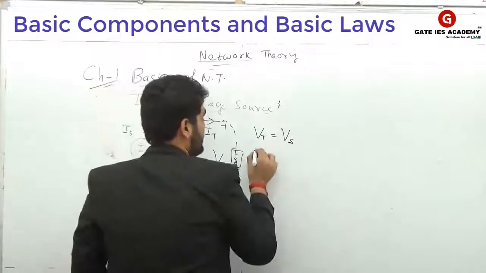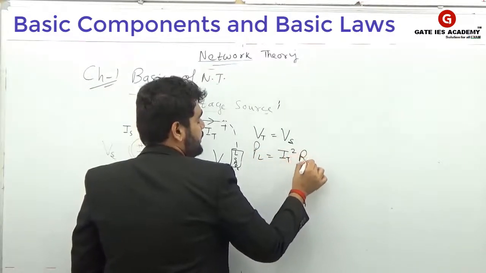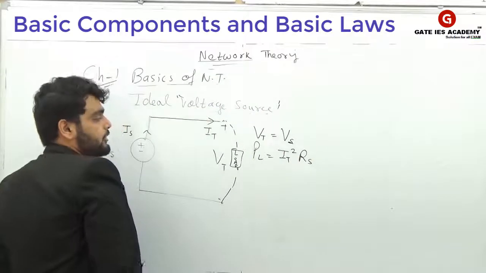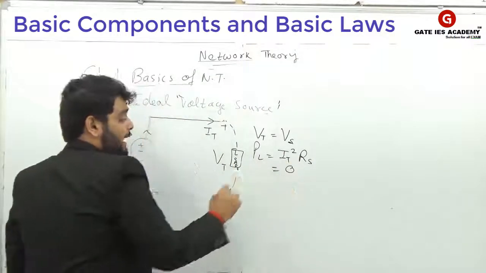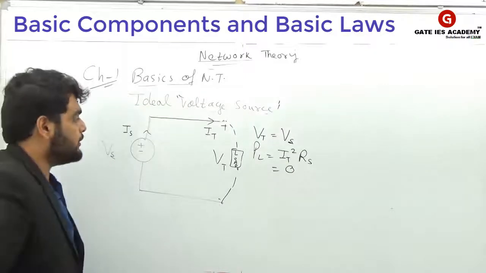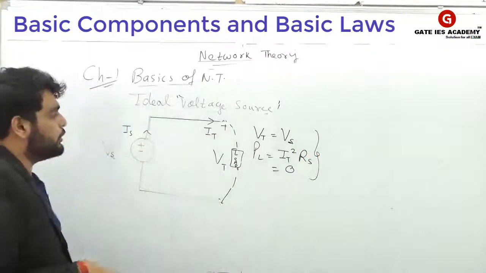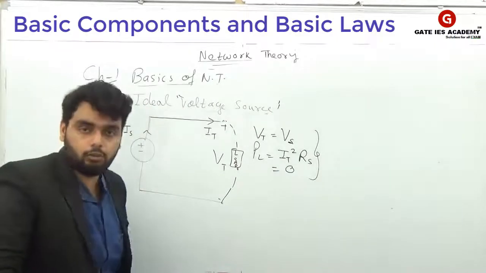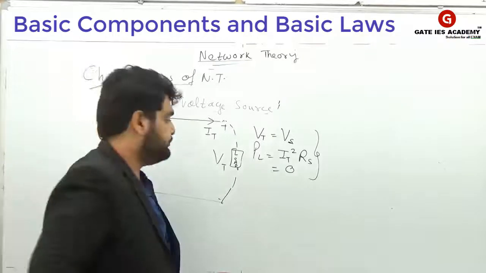Now, power loss. Power loss is equal to IT square multiplied by RS, which is the internal resistance, but RS is equal to 0. So power loss is 0. So you can see these are two characteristics of an ideal voltage source: terminal voltage is equal to source voltage and power loss is 0.